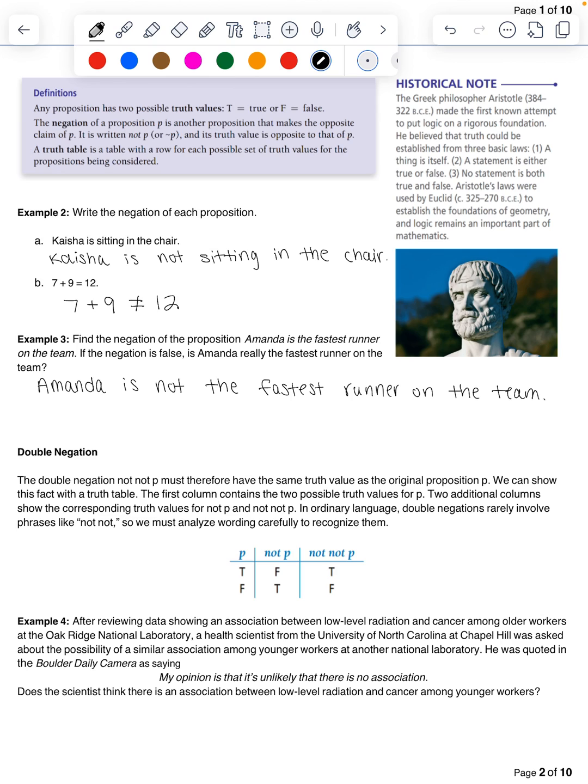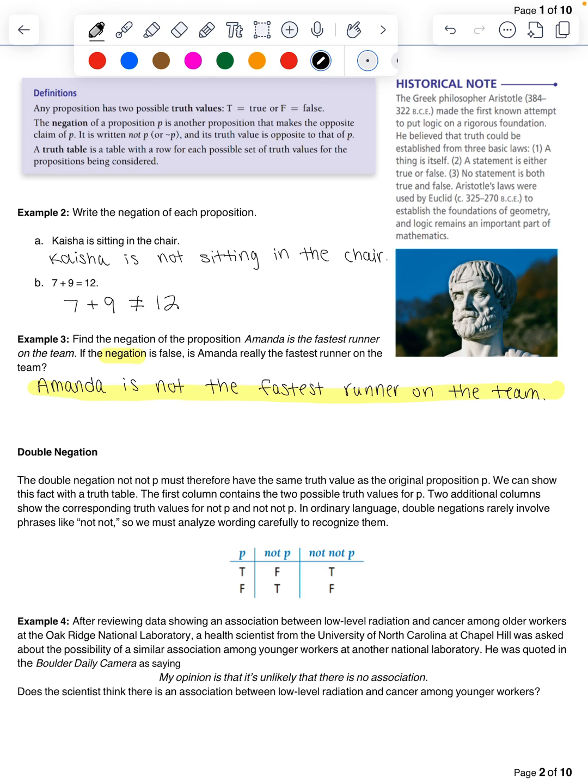So if the negation is false, is Amanda really the fastest runner? If we're looking at the negation, remembering the negation is "Amanda is not the fastest runner," suppose that is false. It is false that Amanda is not the fastest runner.